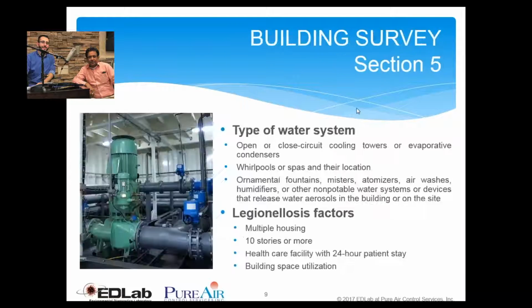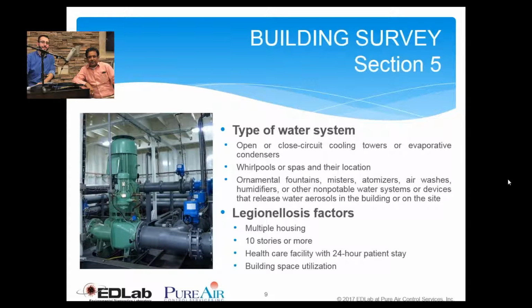So we'll go on to the next section now, which is section 5. Dr. Sahai, can you tell us exactly what a building survey is? Well, a building survey is not about how the building looks. It's not about a fancy-looking building. The whole building survey is divided into 2 parts. The first one talks about the water system.